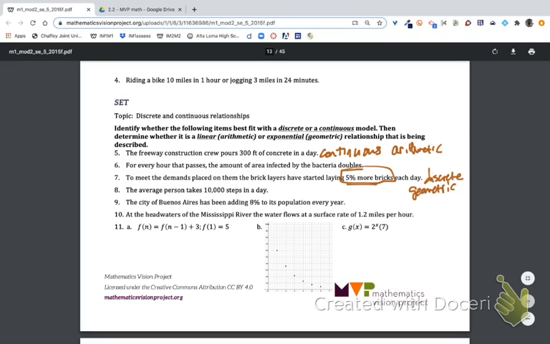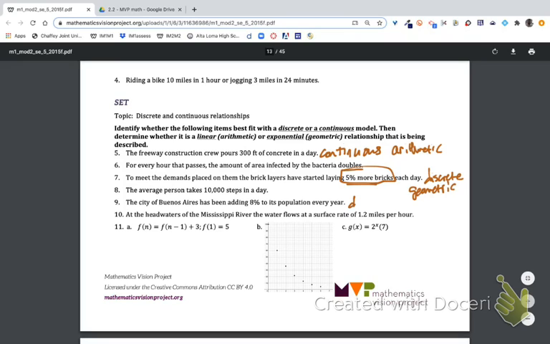Number 9, City of Buenos Aires, adding 8% to its population every year. Now, 8% to its population, there may be kids being born every day, people moving in every day, but it's not this continuous flow of people. They are specific, discrete moments in time that people are coming into the city of Buenos Aires.